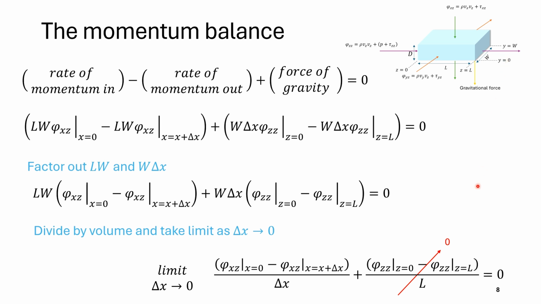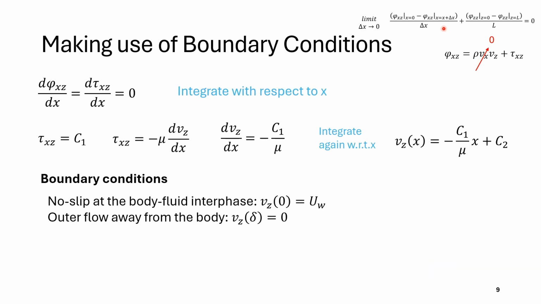So these expressions are equal, cancels out. From this expression from the previous slide, when we took the limit as the thickness approaches 0, we find that the derivative of the combined momentum flux is equal to 0. But since the combined momentum flux is equal to the shear stress, we can also say that the derivative of the shear stress is equal to 0.